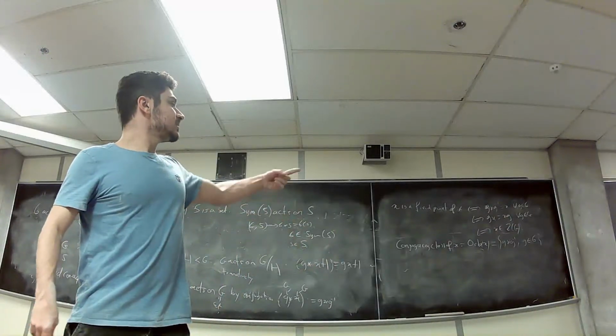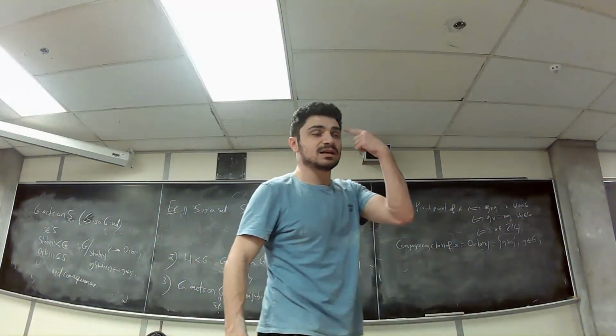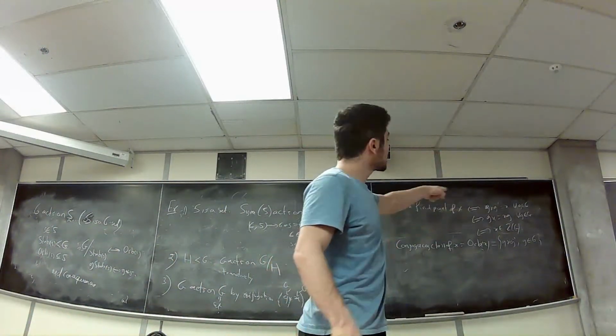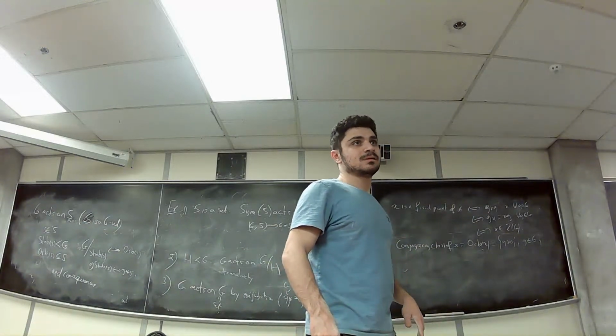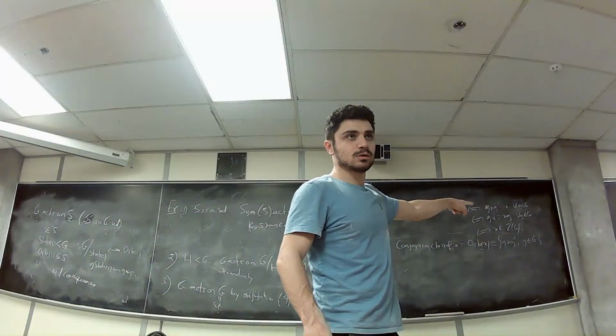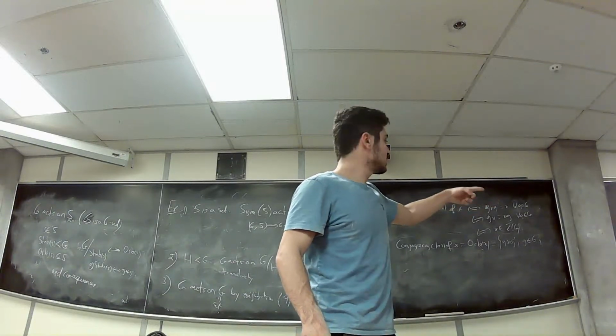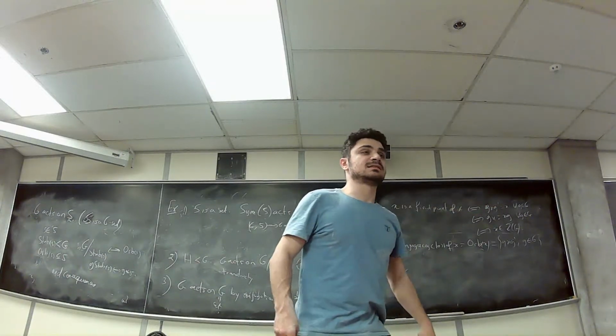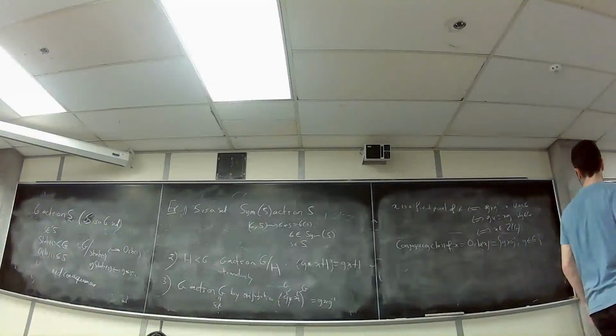Now, when does the conjugacy class of x have size 1? Exactly when x is in the center. If whatever g you hit x with, you still get x, then x is in Z(G).